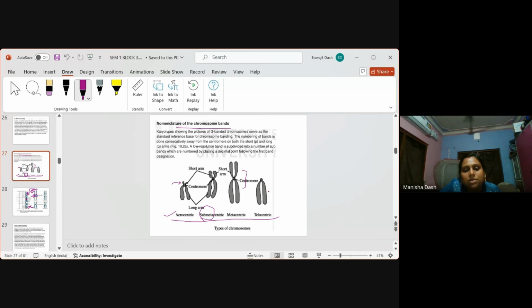And in telocentric, the short arm is completely absent and the centromere is at the end of the long arm. The short arm is called the P arm, P being derived from the Latin word petit, which means small. In contrast, the long arm is called the Q arm.